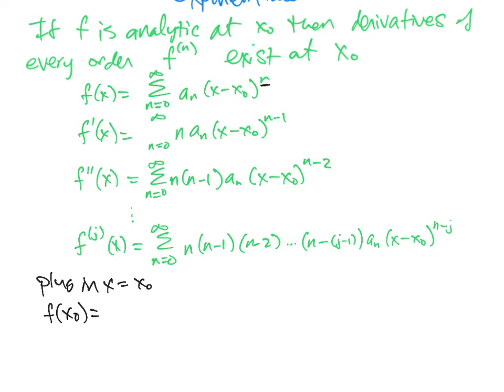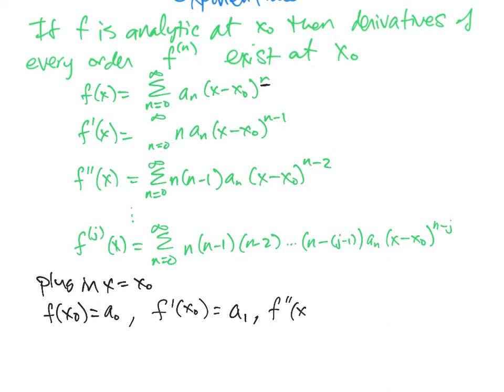So for f of x naught, we just get a_0. F prime at x naught: now we'll kill off everything except for when n equals 1. So then we get a_1.